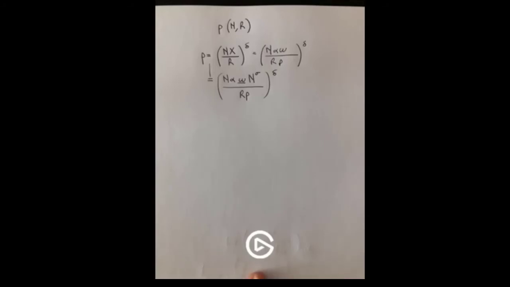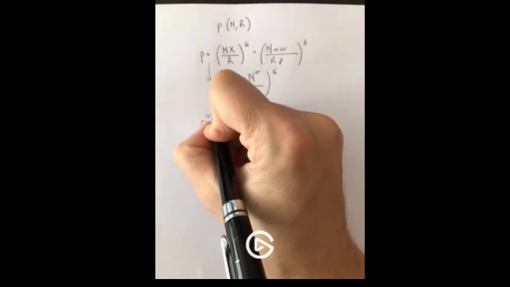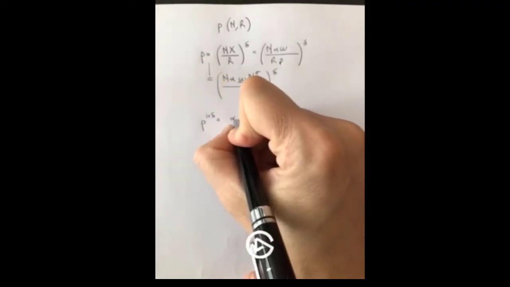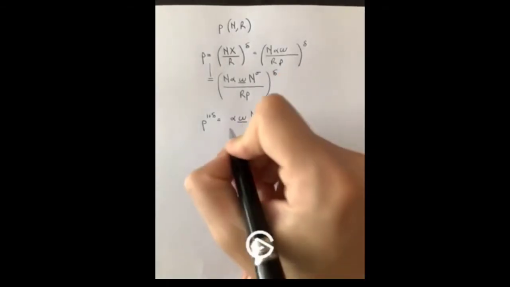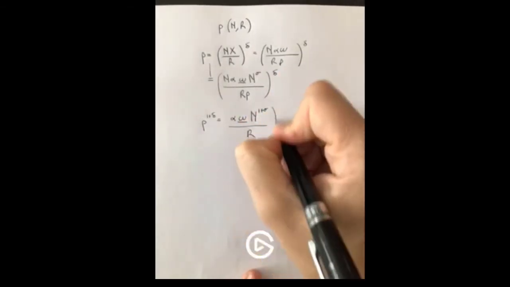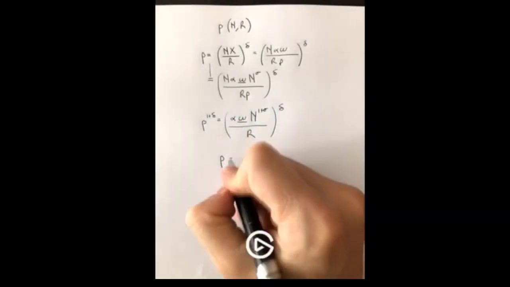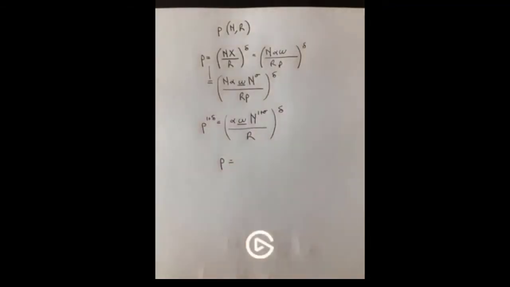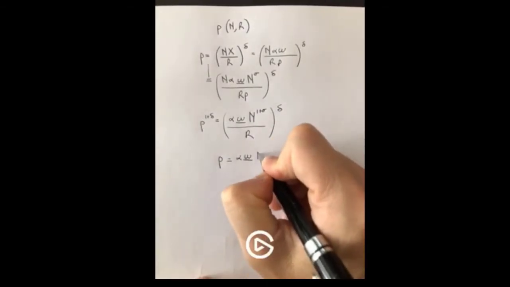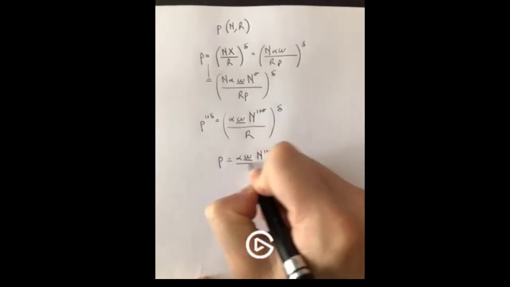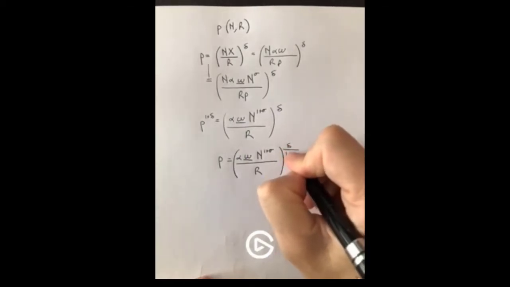To better solve for p here, I can rewrite this as p with exponent 1 plus delta equal to alpha w lower bar n with exponent 1 plus sigma divided by r with exponent delta, or p equal to alpha w lower bar n with exponent 1 plus sigma divided by r with exponent delta, all to the power 1 over 1 plus delta.